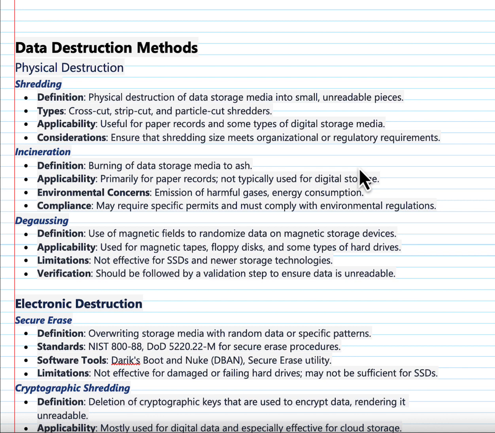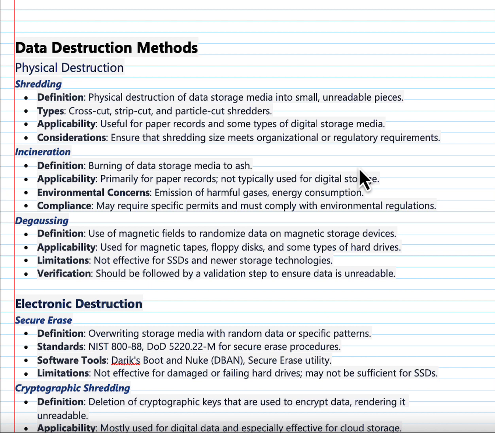The reason I say that is the chemicals that made these types of data, or the digital pieces of this, you don't want those toxins to be released into the air. So burning those types of media is usually not a good idea. Can you do it? Yes. Should you do it? No. So I would highly recommend not using incineration for any sort of storage media that is not paper.